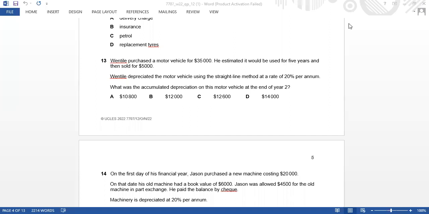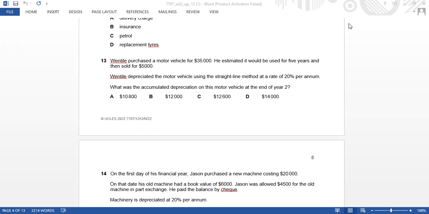As it is written, 35,000 is the cost, 5,000 is the residual value, and useful life is 5 years. And it is also given that it uses the straight line method at 20% per annum. If we are given these two statements, that useful life is given and the depreciation rate is also given, remember, on the straight line method we'll always use the residual value and the useful life, not a percentage.